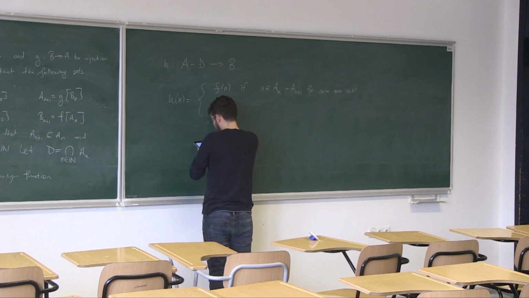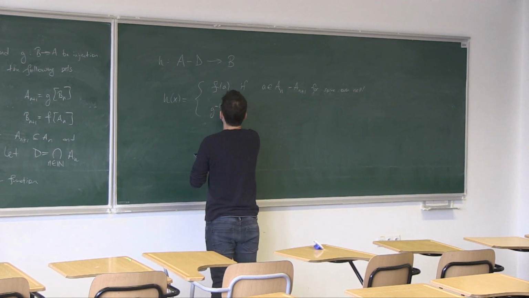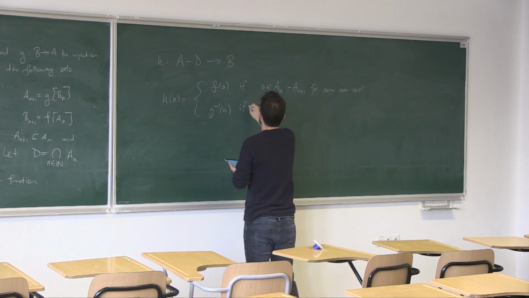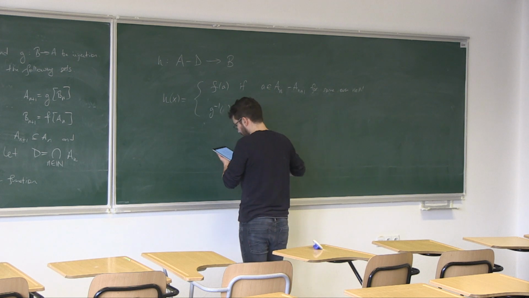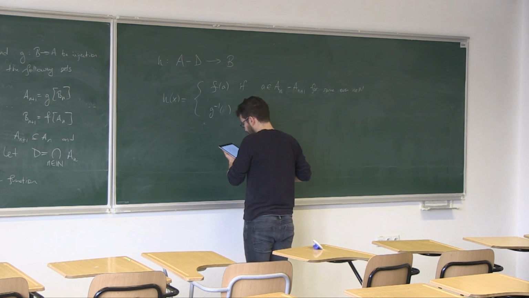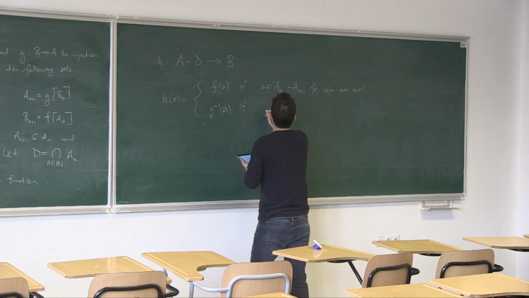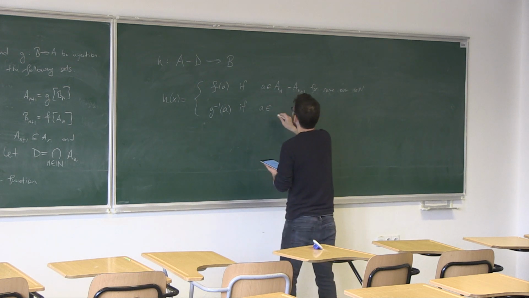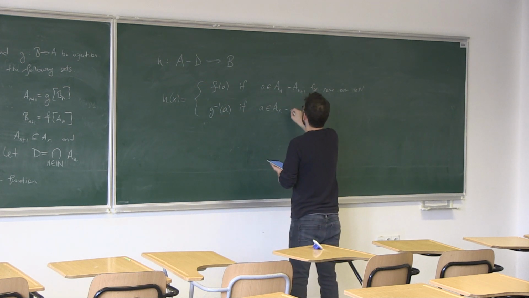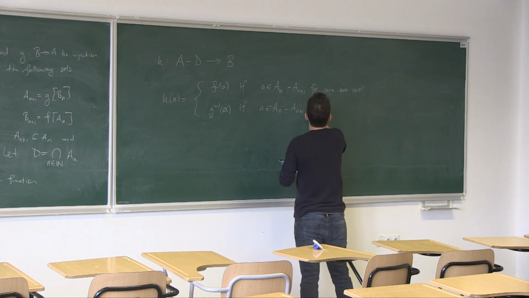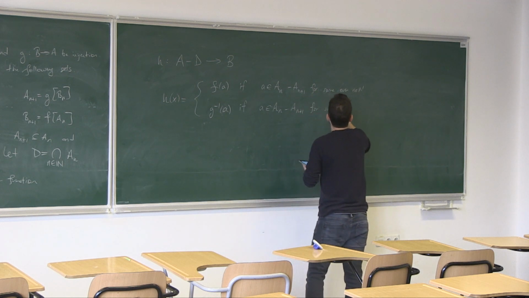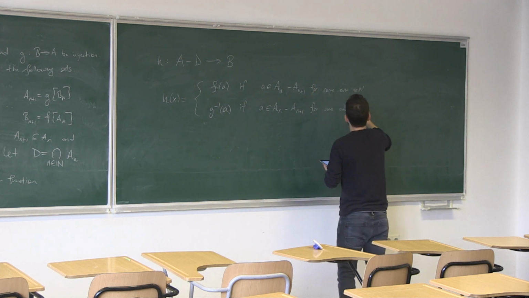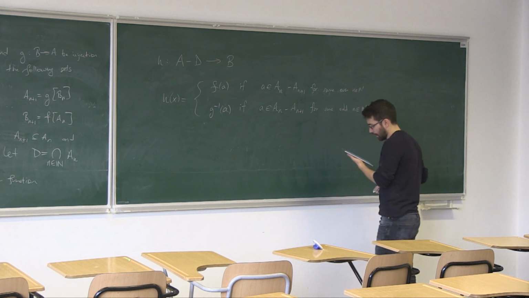And I'm going to define this to be g inverse of x if x belongs to, again, this difference for some odd m, okay?